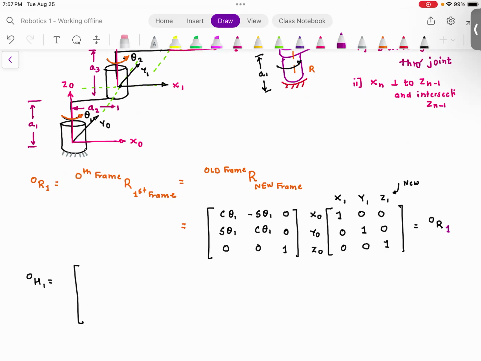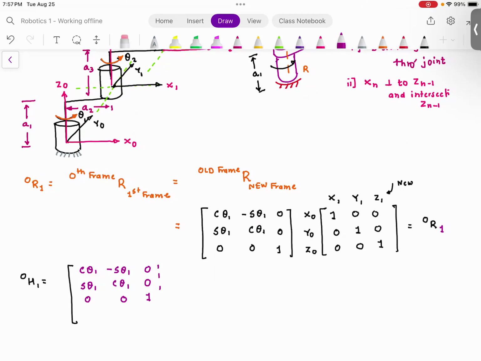After multiplying these two matrices, I'm going to get cosine theta 1, minus sine theta 1, 0, sine theta 1, cosine theta 1, 0, 0, 0, 1. And this homogeneous transformation is a 4x4 matrix. So the last row of this homogeneous transformation is going to be 0, 0, 0, and there will be 1.